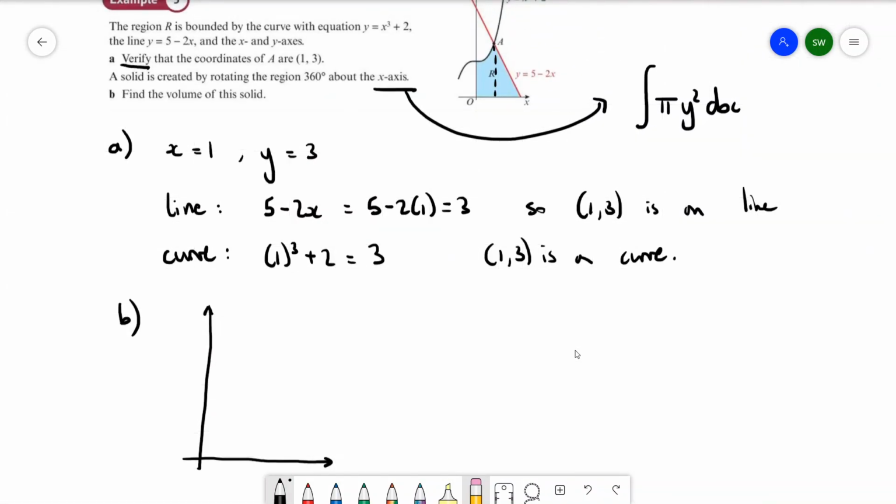So we've got this curve that looks something like this. And we've got some portion of the curve which we're going to rotate around the x-axis. So rotate like that.